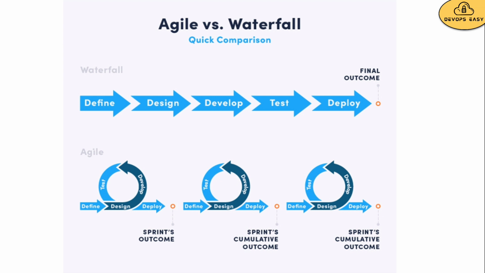So in the waterfall model, they used to take 2 to 3 months for designing, 2 months for development, 2 months for testing, and 2 months for deployment. Suppose the client didn't like something and wants to add some changes, that is not possible. But coming to agile, they follow 2 week sprints. In these 2 weeks I will develop only the home page.